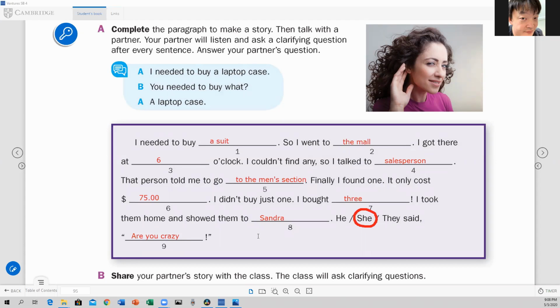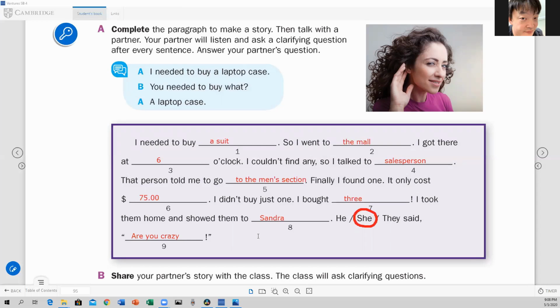Okay, so let me go over my story here, and then we are gonna make the questions as we read, okay? So look, I needed to buy a suit. You needed to buy what? A suit. So I went to the mall. You went where? To the mall.